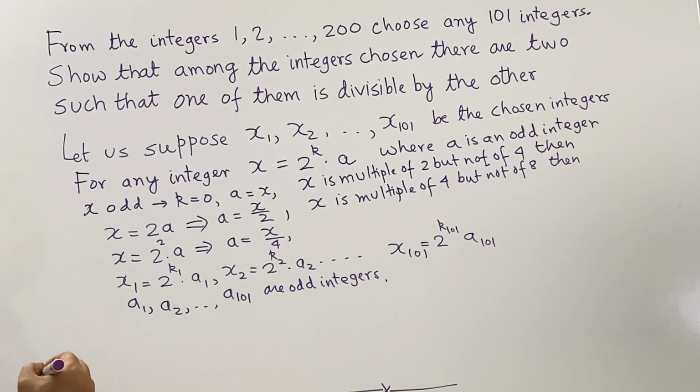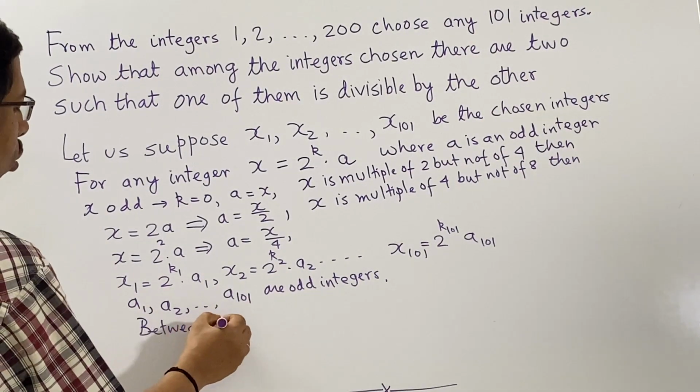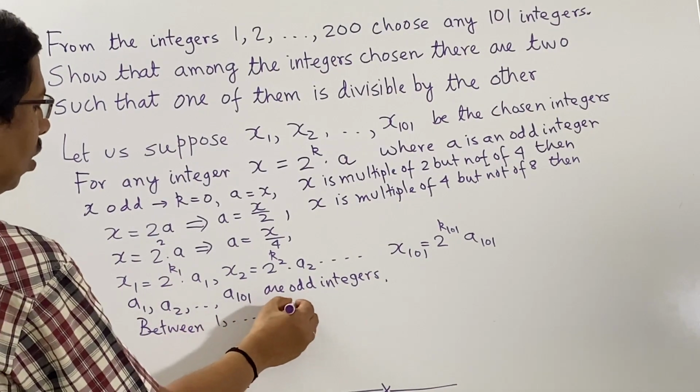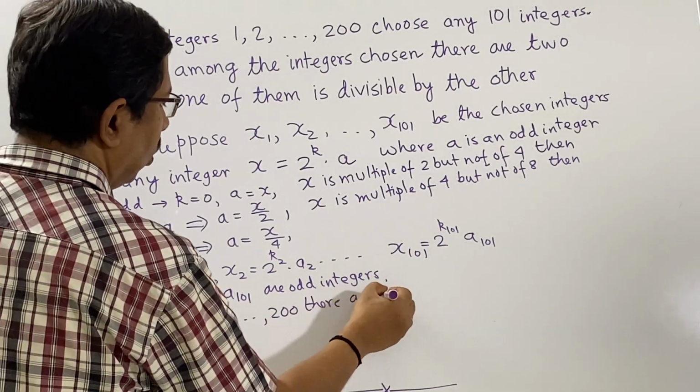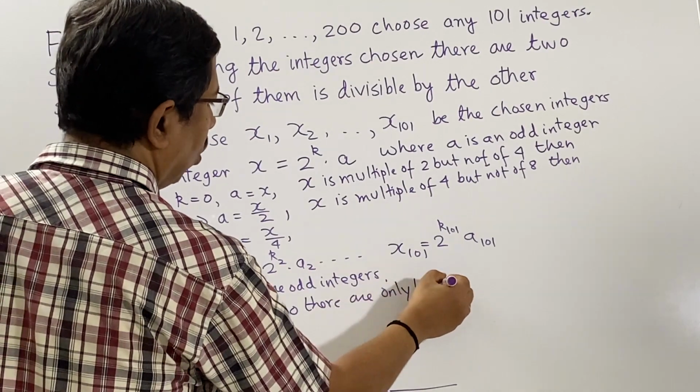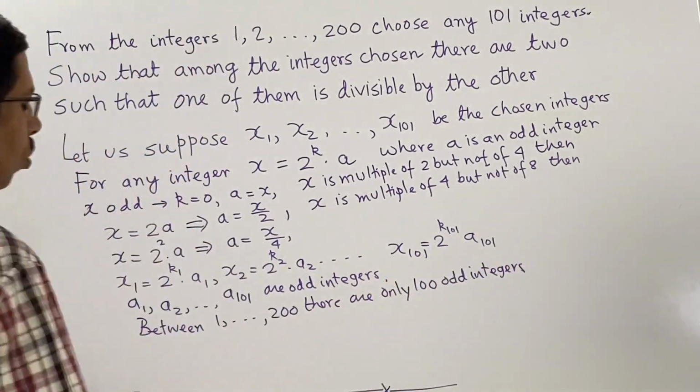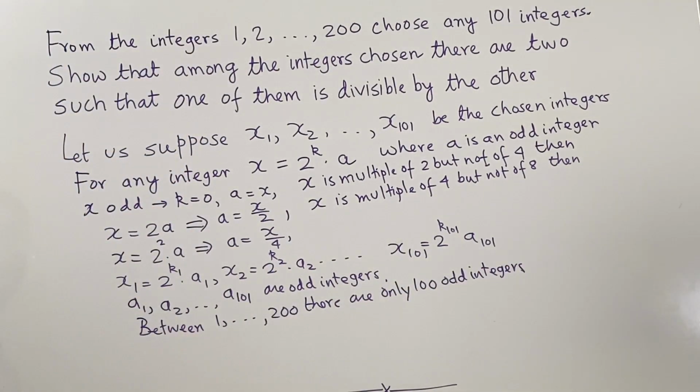Between 1 and 200, there are only 100 odd integers: 1, 3, 5, 7, up to 199. So between 1 and 200, there are only 100 odd integers. Therefore, two of these a1, a2, ..., a101 must be the same.